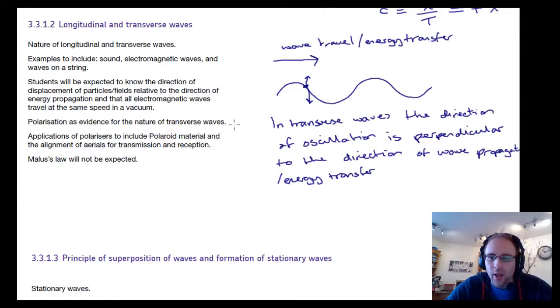So in transverse waves, our particles go up and down and our wave travels to the side, one way or the other. So the direction of oscillation is perpendicular to the direction of wave travel. They are at 90 degrees to one another.